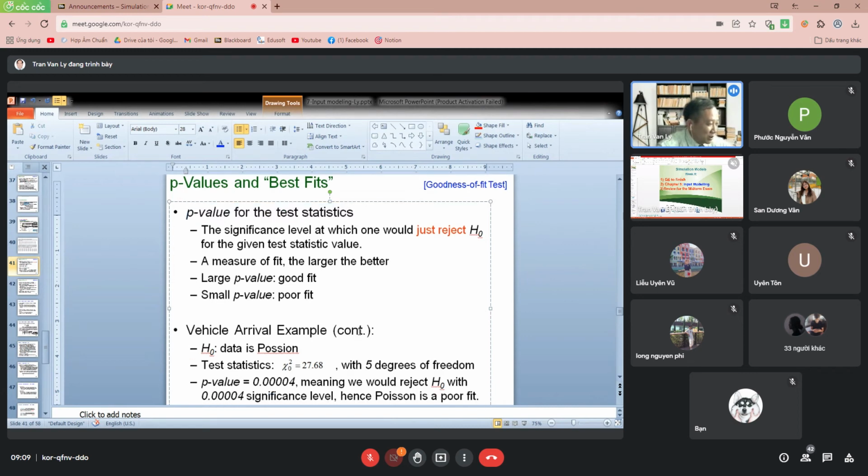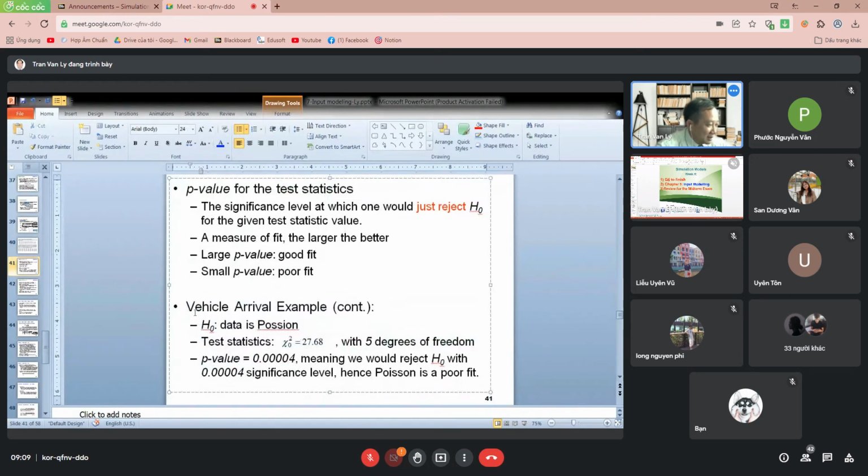So we go through one example here, the example in slide number 9. We apply the p-value to reject within the significance level. In such a case, we see poor fits or Poisson in this example.